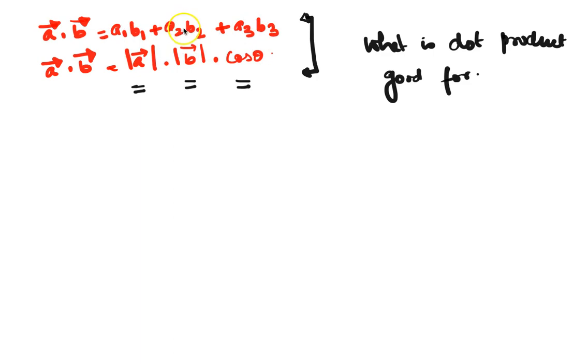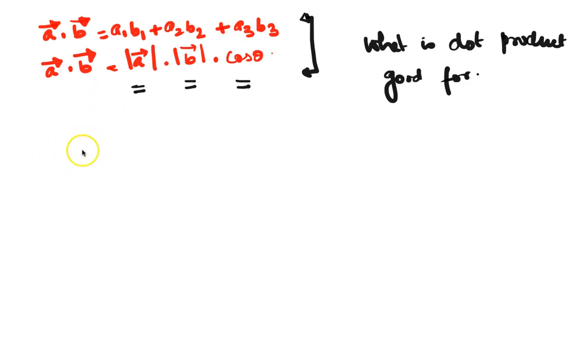If you know the vectors, it becomes very easy to find the angle between them using this formula. Similarly, if you know a particular length of a vector, it becomes easier to find another length if you know the angle between them, using a dot product.